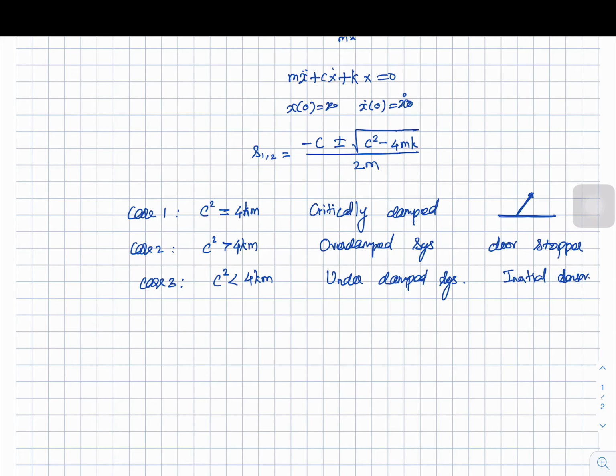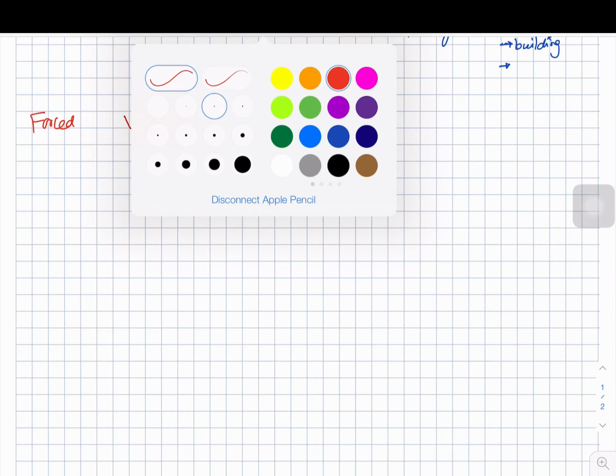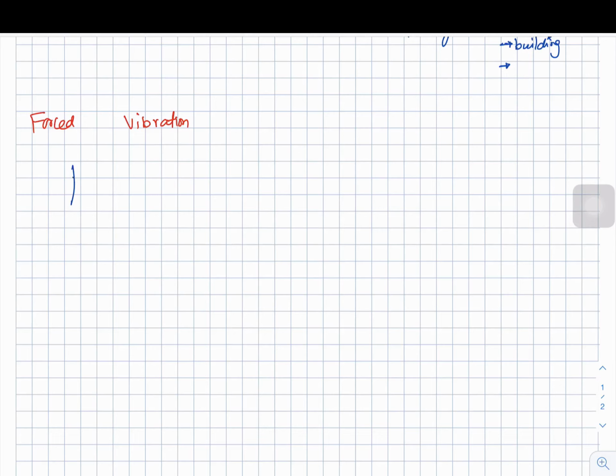Now we move into forced vibration. So let's start forced vibration. It will be similar: we have a spring and one damper with mass m.